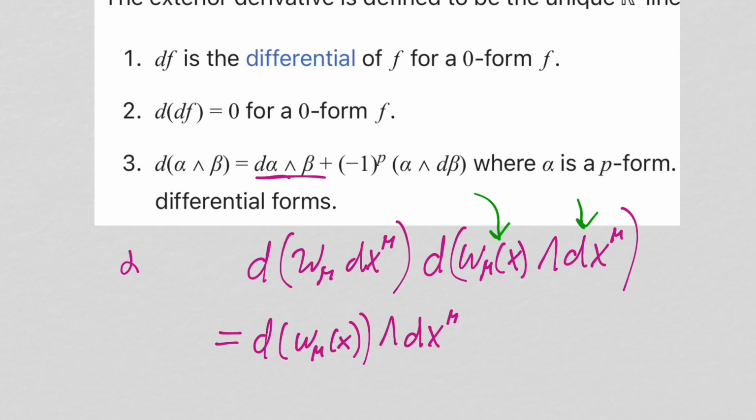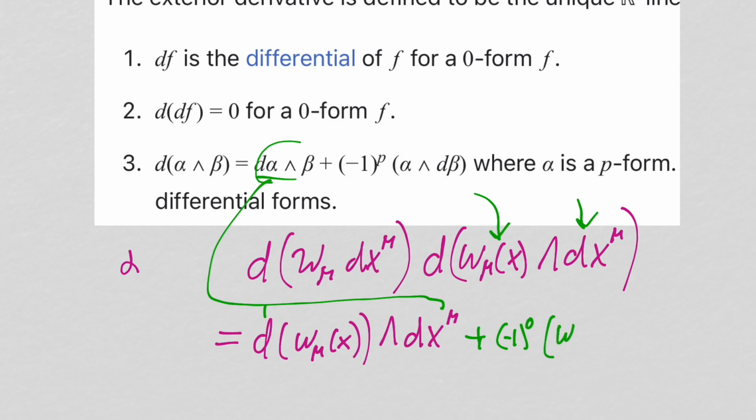So this term here has now become that term there. And then I get minus 1 to the 0. Well, I guess what I should write is plus or minus 1 to the 0, so I get plus 1. But I'll just write it all in, minus 1 to the 0. And then it's alpha wedge d beta.